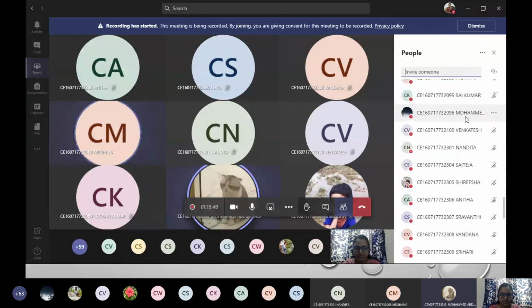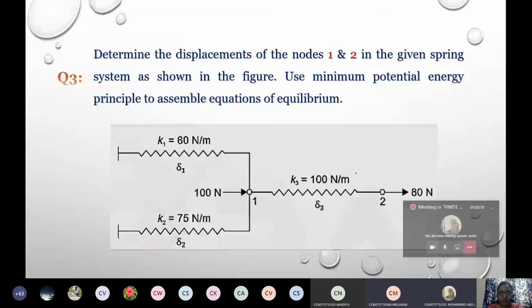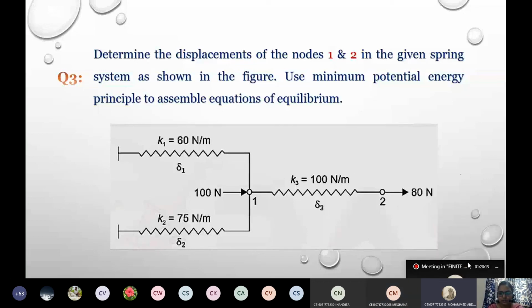Half K1 U1 square plus half K2 U1 square plus half K3 (U2 minus U1) square equals F1 U1 minus F2 U2. Why equal to? It is minus F1 U1 and minus F2 U2 is equal to potential energy. That is what we are trying to find out. Meghna, did you understand what mistake you have got?